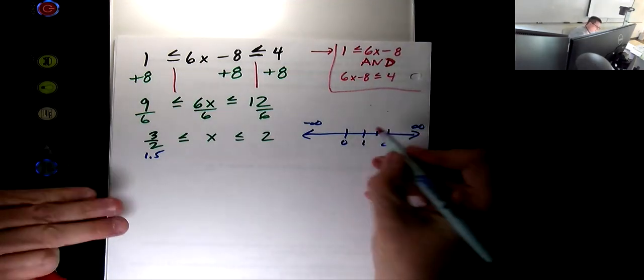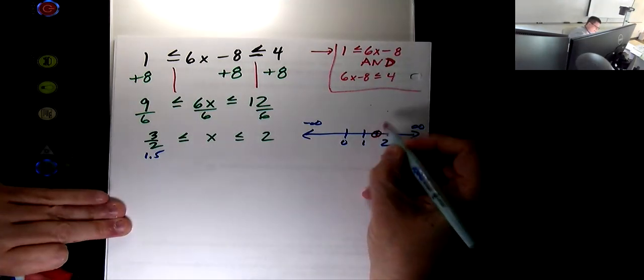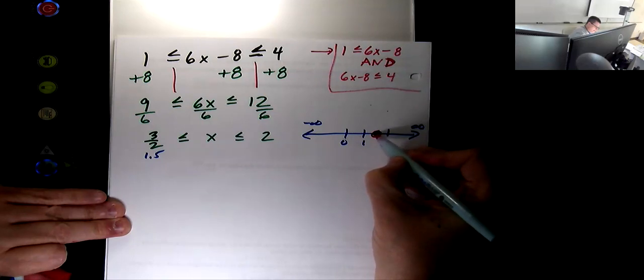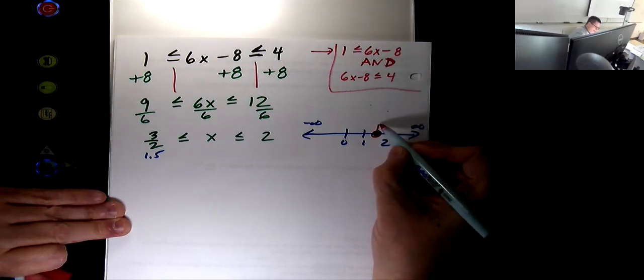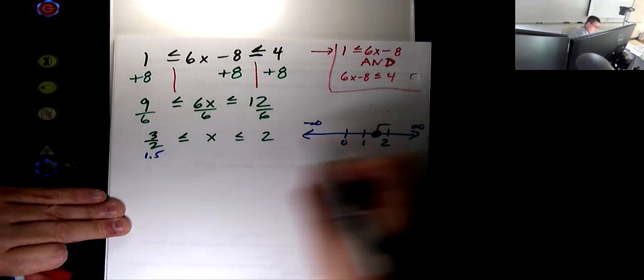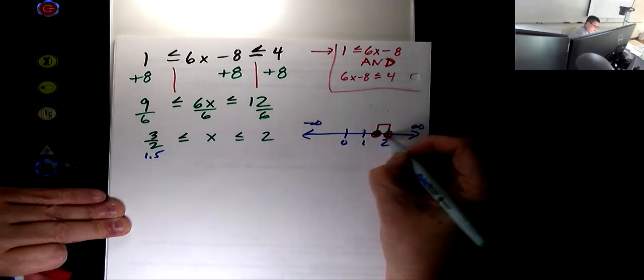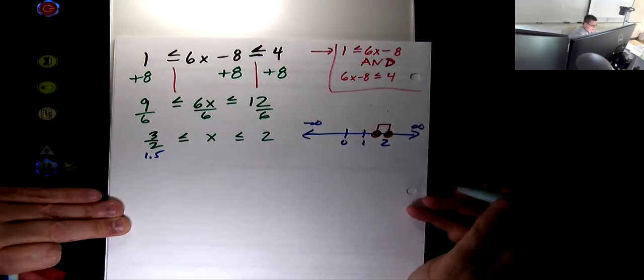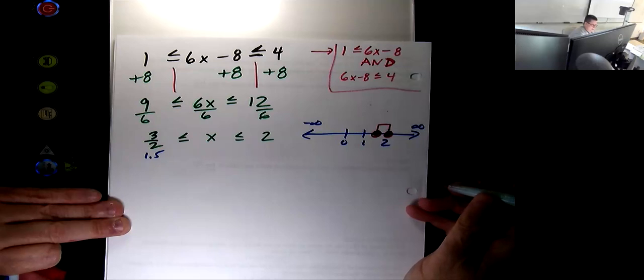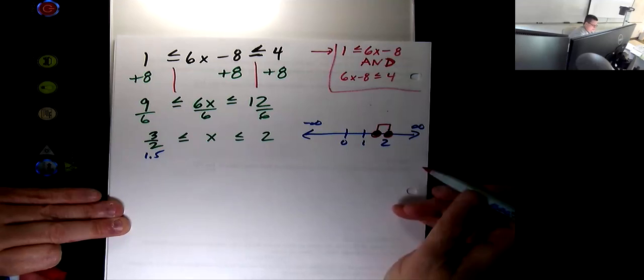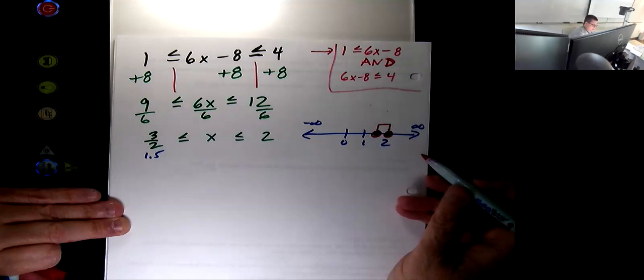It starts at 1.5 and I fill it in, and it stops at 2. They're both less than or equal to signs, so they're both solid points.